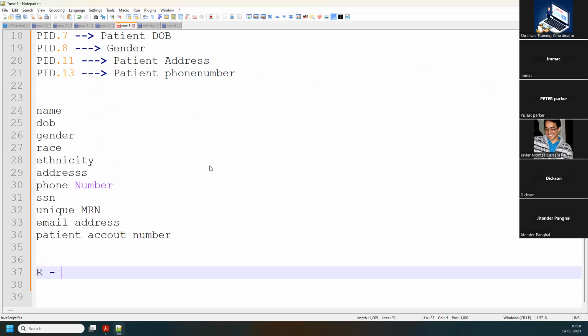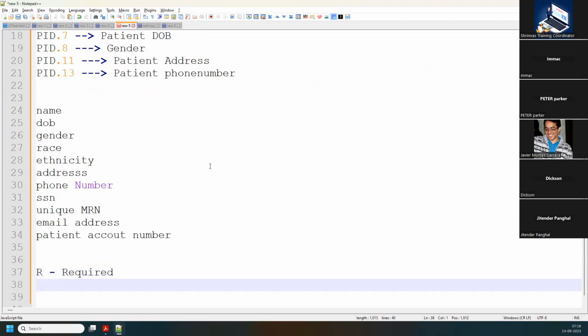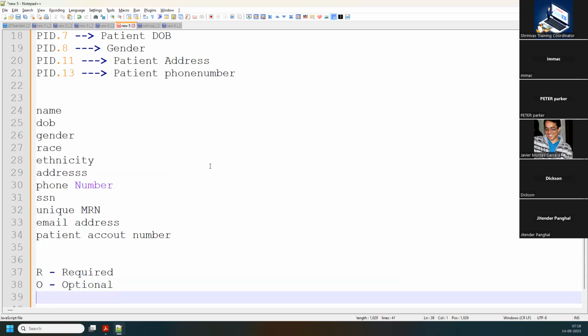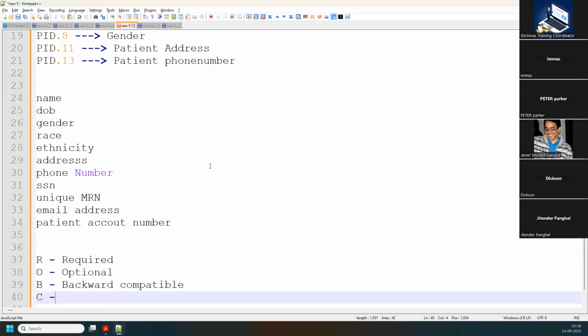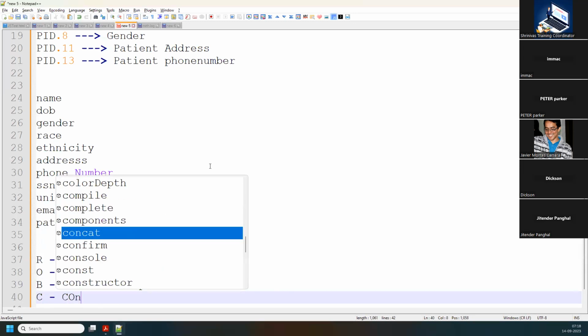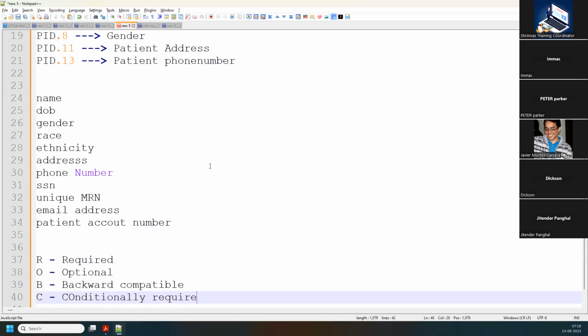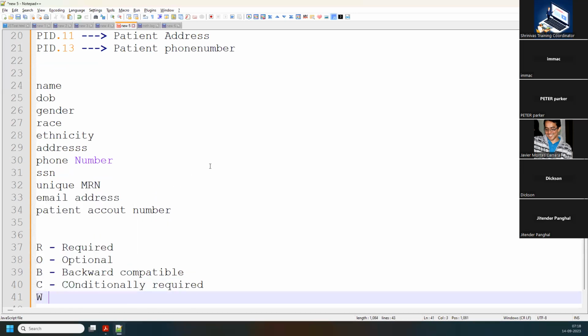We know that R is required. O is optional, which means you have the choice of omitting that field or leaving it blank. You may also see B, which is backward compatible. You may also see C, which is conditionally required. And then you may also see W, which is withdrawn.